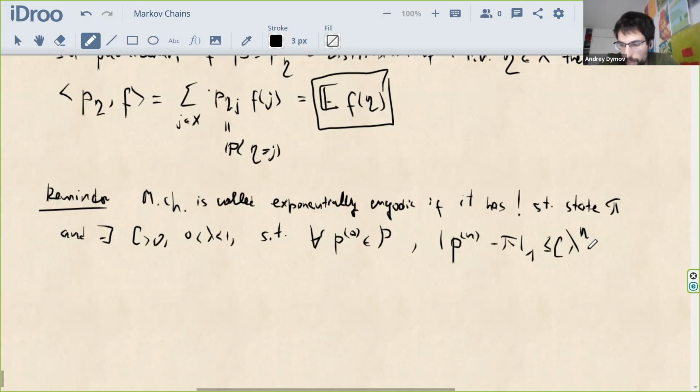The L1 norm is just the sum of absolute values of all components of the vector.